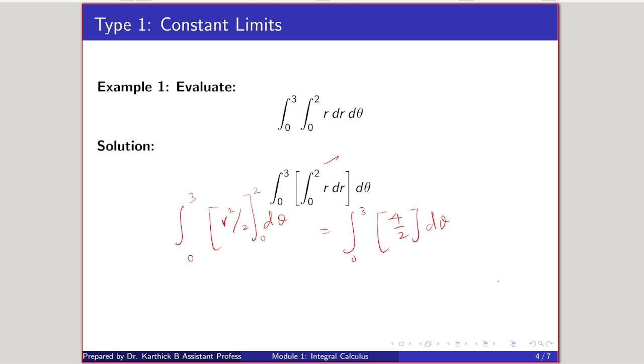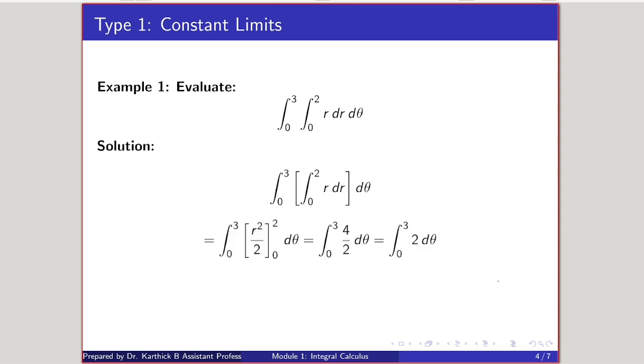Of course, 0 represents 0. So anyway, 2 will be a constant, 0 to 3 d theta. Over the integral and differentiation, it gets cancelled. So I will get theta from 0 to 3. The answer will be 6. So I'm proceeding with that. Finally, we will get the answer as 6.